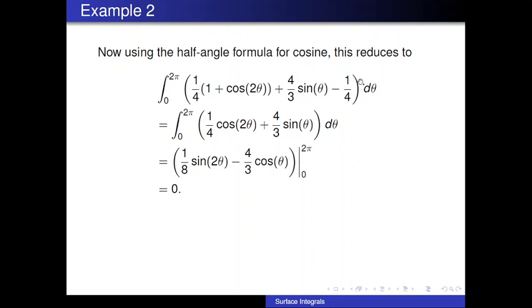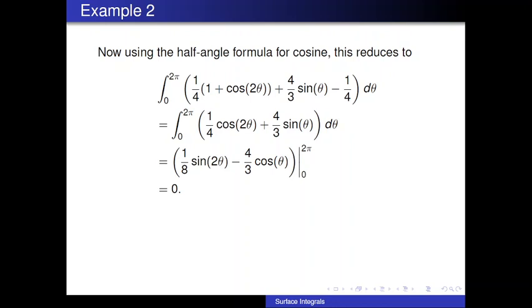So the 1/4 at the beginning cancels the 1/4 at the end, and we're left with just this expression to integrate. That integral becomes 1/8 times sine of 2 theta minus 4/3 times cosine of theta, which we can evaluate at 0 and 2 pi.